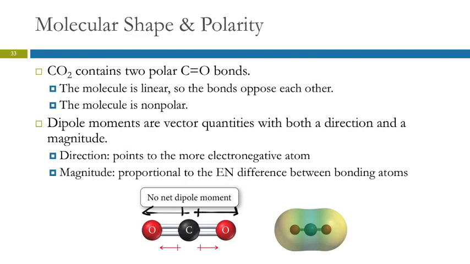If it's a small difference, the magnitude is smaller. When you have identical atoms here, then the magnitudes are identical and they're in opposite directions, so they're going to cancel each other out. So this molecule, even though it has an uneven electron distribution, we can't say that one end of it is more positive than the other. Any questions about that?